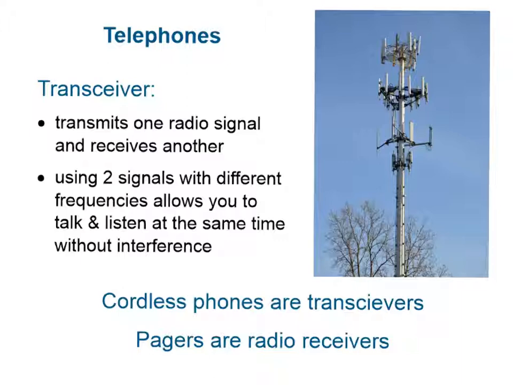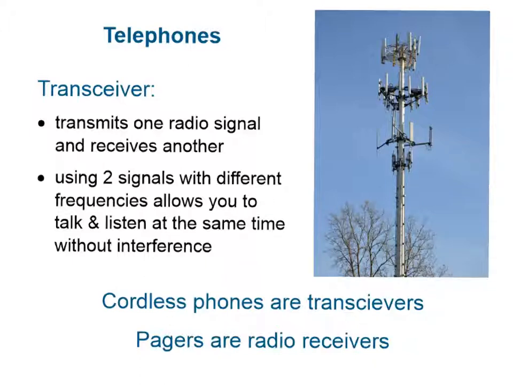Now let's talk a little bit about telephones. A cell phone is basically a transceiver. What's a transceiver? It transmits one radio signal and receives another. Using two signals with different frequencies allows you to talk and listen at the same time without interference. Otherwise, you would not be able to do that.